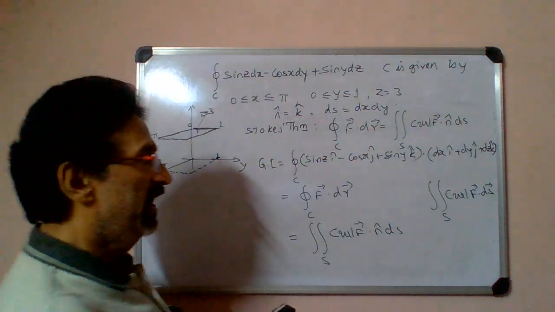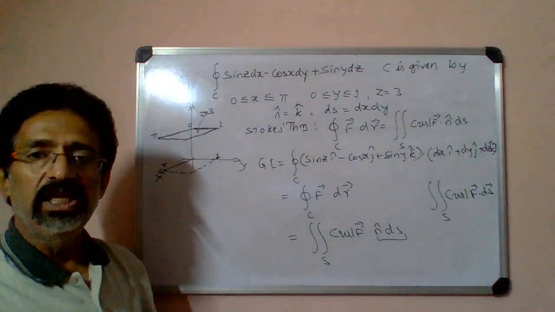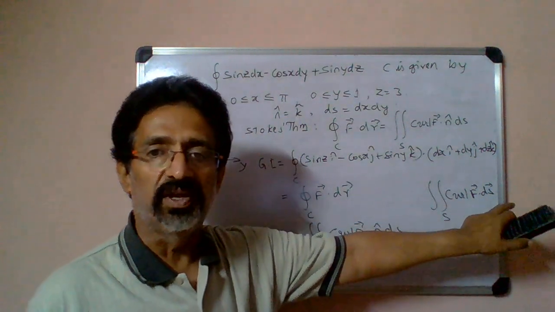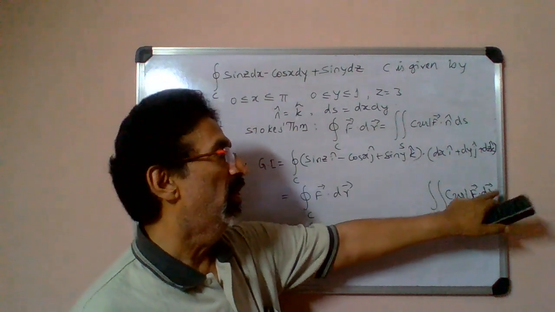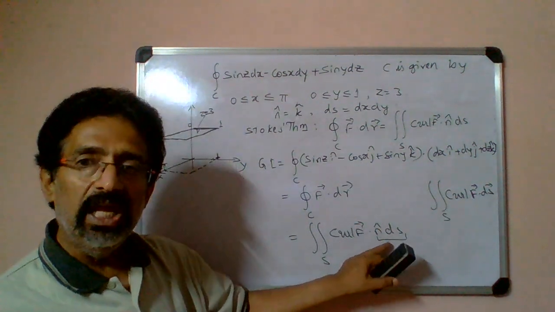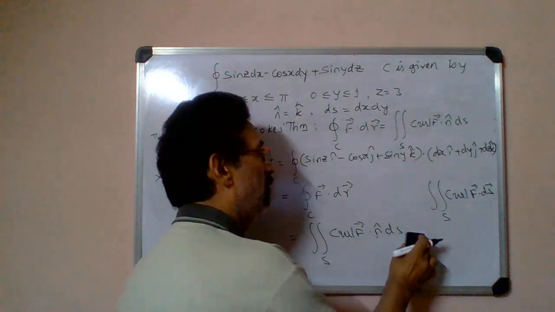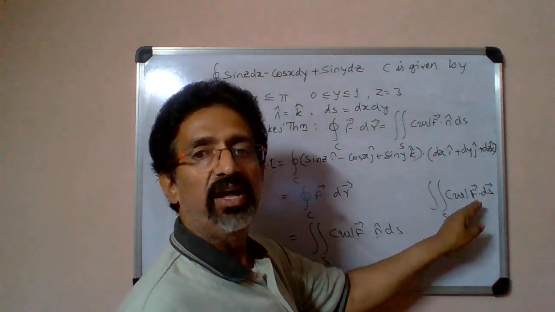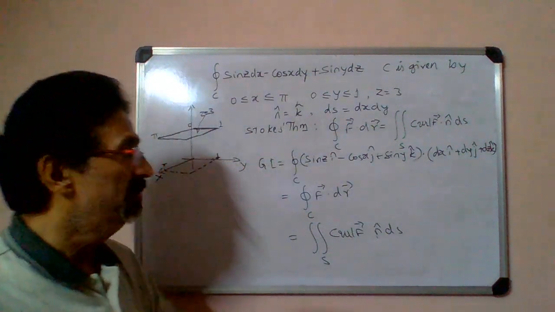So what they did is this n cap times ds, they have written as ds bar. That is the only difference. Otherwise, curl f bar dot ds bar is the same as curl f bar dot n cap times ds. Please note this. Don't panic if in some book it is written as curl f bar dot ds bar.